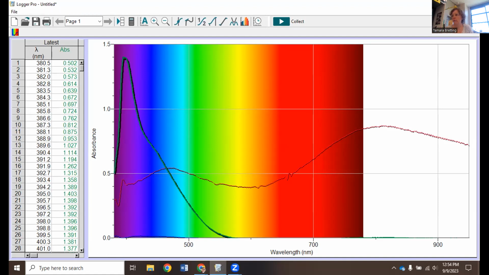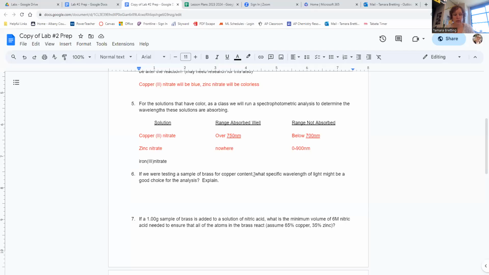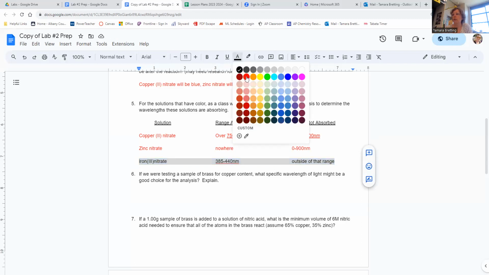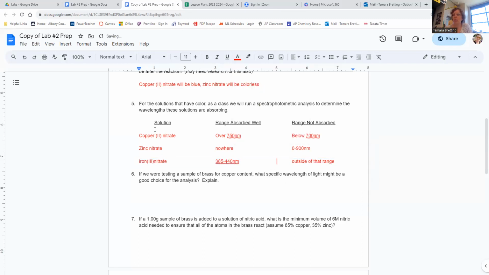So 385 to 440 nanometers, it absorbs really well, but it doesn't absorb outside of that range. And it's important when you have a mixture of colorful things that you test each one, because if we were to pick a wavelength that both copper and iron absorbed well, then we would be testing for both of those things.